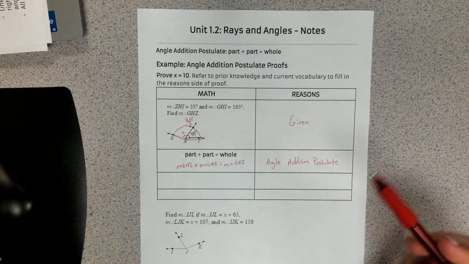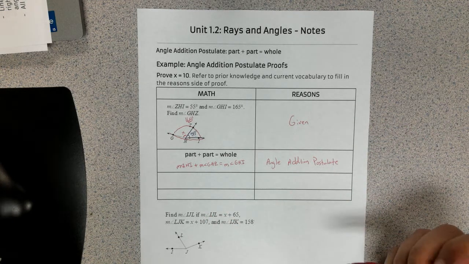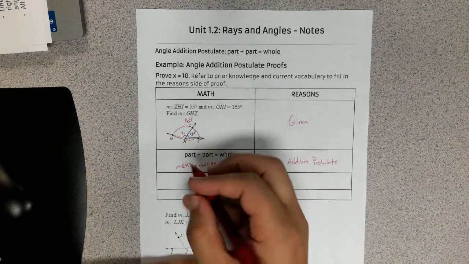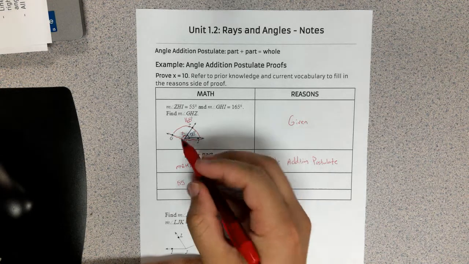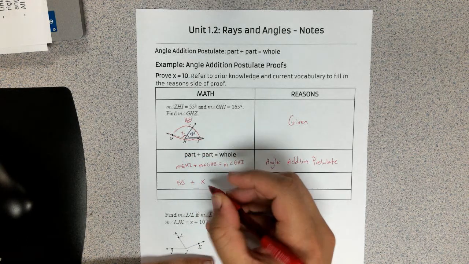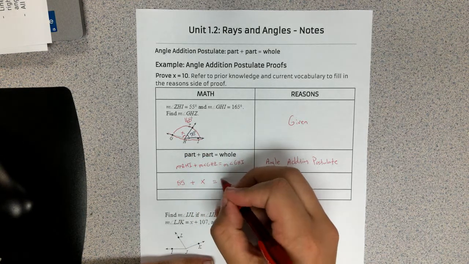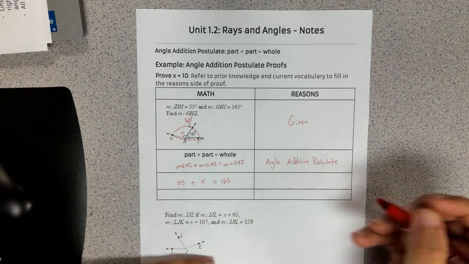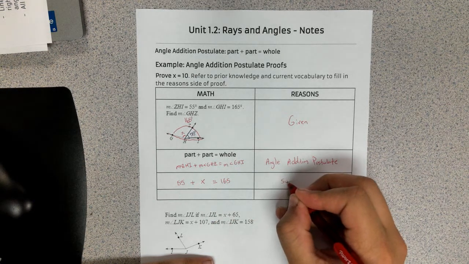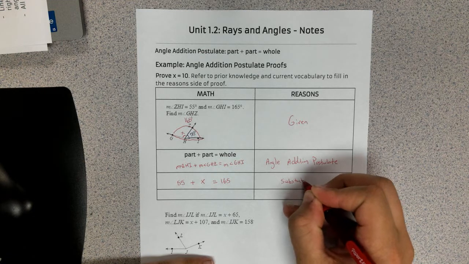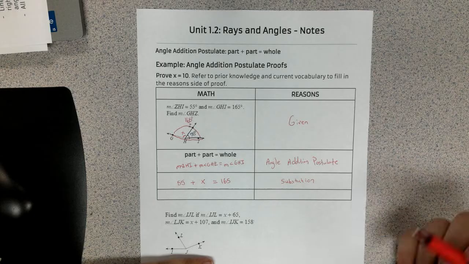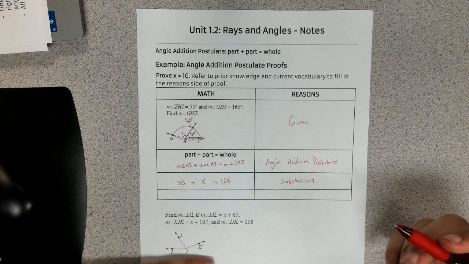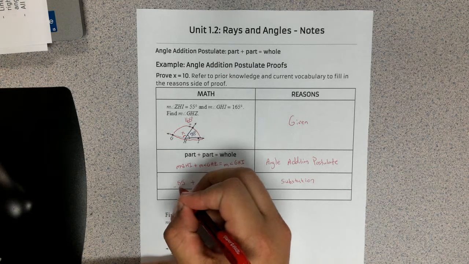Our next step is now to replace these words with numbers. So ZHI was 55 degrees plus GHZ we said was X, and that's going to equal my whole, which is 165 degrees. This is substitution. Now we have our algebra problem, so our next step is to subtract.